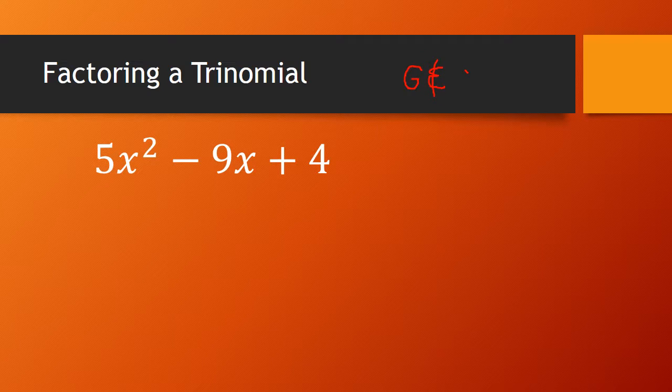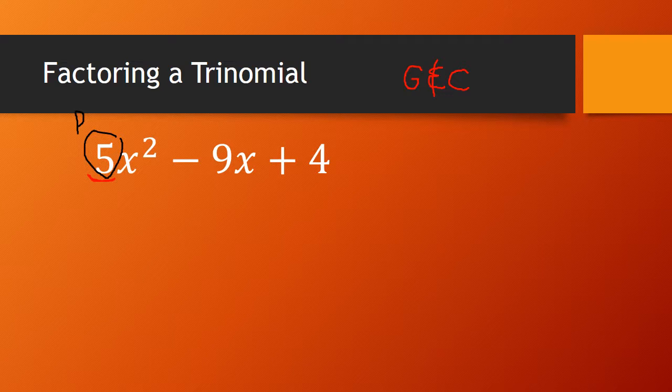And since we have a leading coefficient other than 1, the leading coefficient here is 5, it's going to be a lot of guessing and a lot of checking to be able to get to the right binomials. So let's start. I know that the first number in the trinomial is the product of the numbers in both binomials.